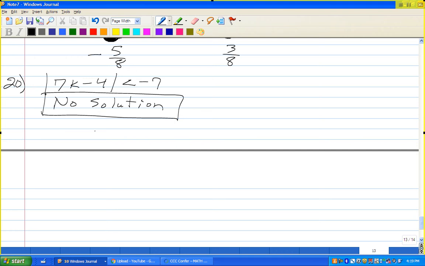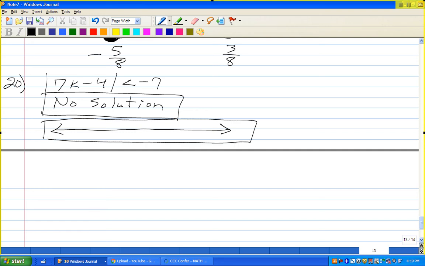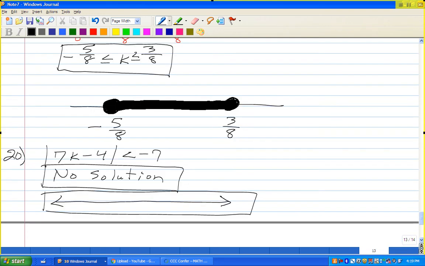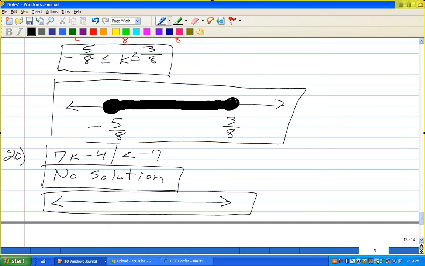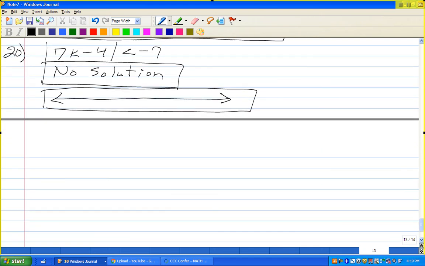The graph looks like nothing, so I'm not including anything on this graph, and that's the solution. So there's just no points on the graph.